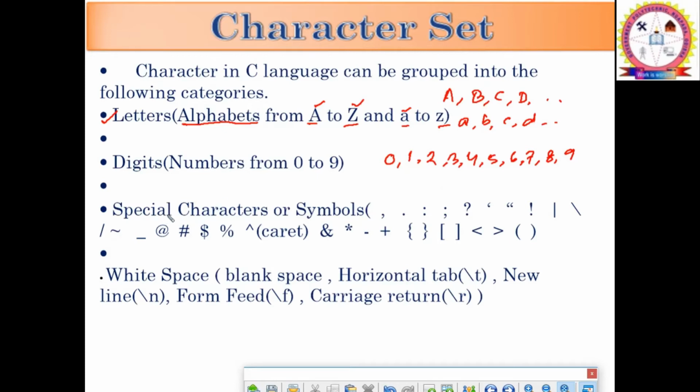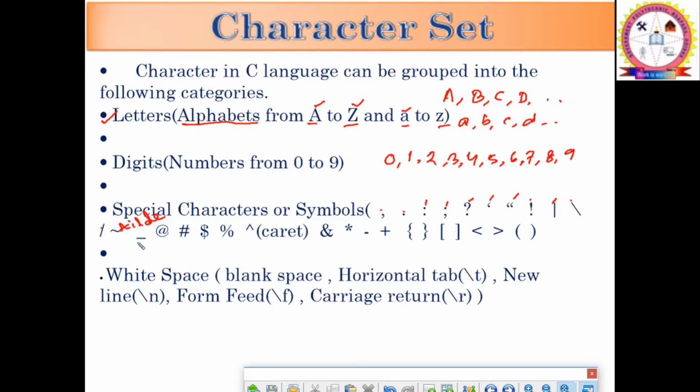Then the third category of characters in the C language is special characters, or special symbols. So what are these? These are the comma, dot, colon, semicolon, question mark, quotation mark, double quotes, exclamation mark, vertical bar, backslash, forward slash, and the tilde symbol, which you can study in C++.